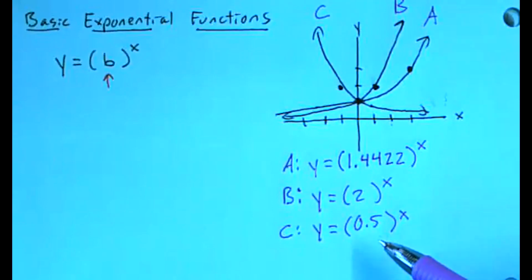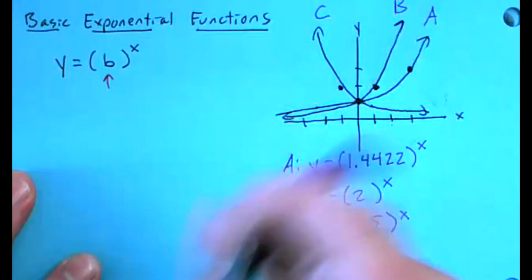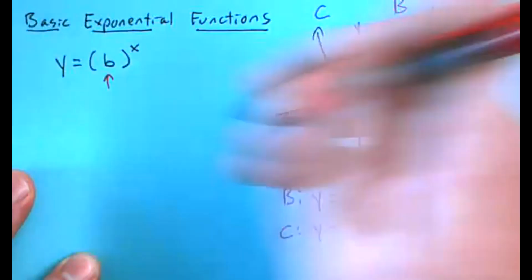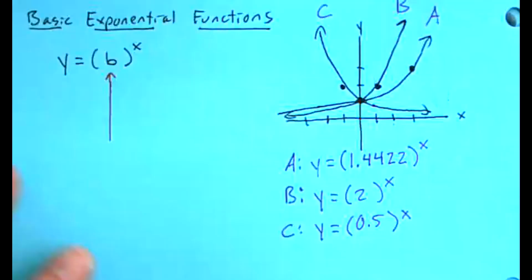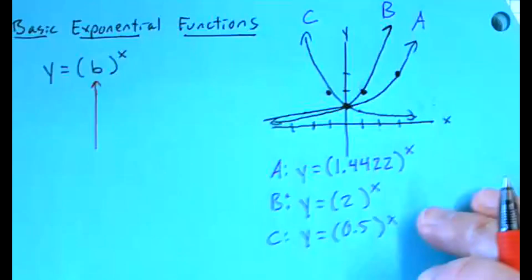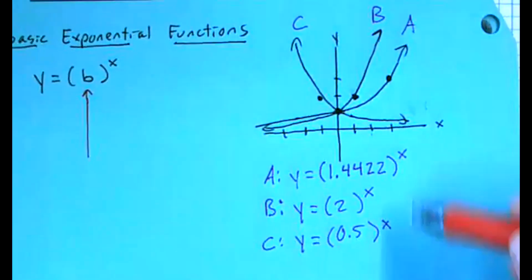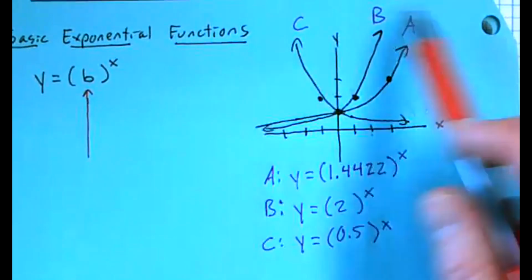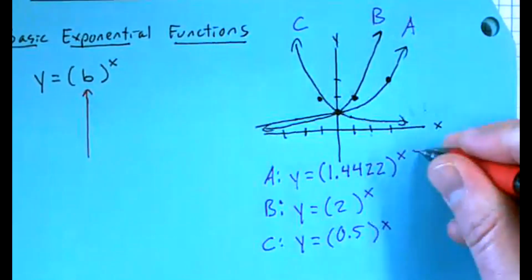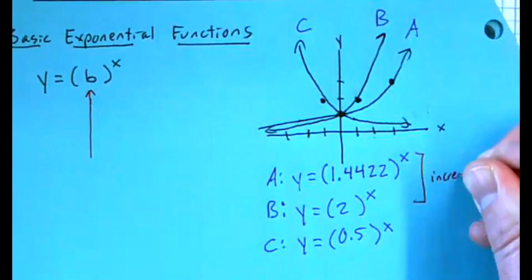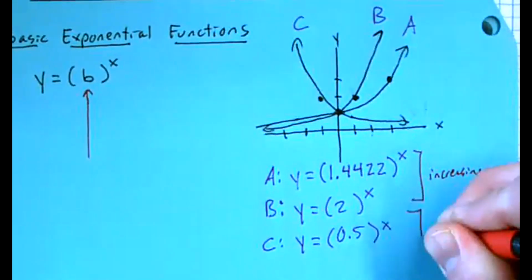Now, I want you to play around a little bit more in Desmos because there is an important rule that happens with B. There's a rule that tells us whether our graph is going to be increasing or decreasing. Which of these graphs are increasing? A and B are both increasing, right? And C is decreasing.